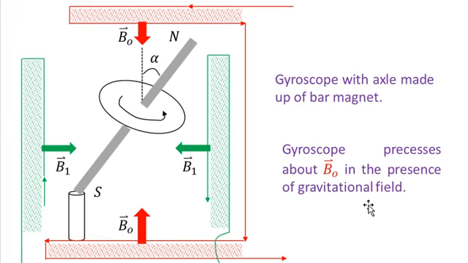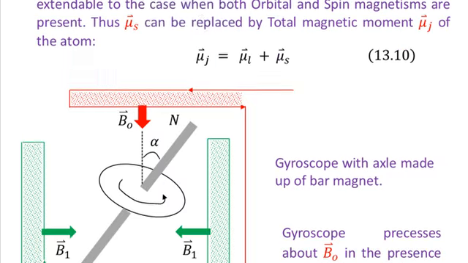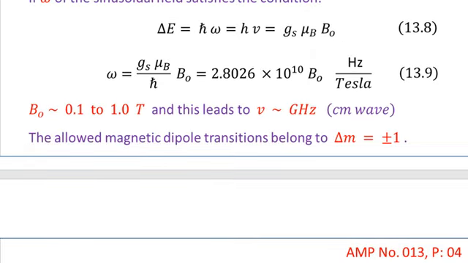Our magnet bar will start its precessional motion even in the presence of the gravitational field about the magnetic field B naught, and the angle alpha can be controlled by the magnitude of the magnetic field B1, provided the angular frequency omega of the field B1 satisfies the condition shown in equation number 9.